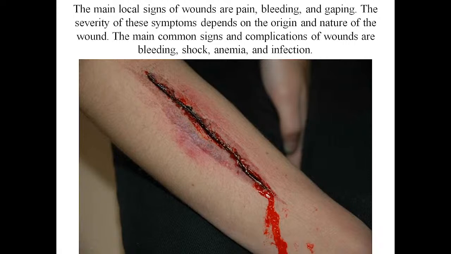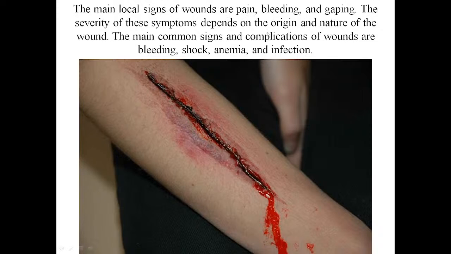The severity of these symptoms depends on the origin and nature of the wounds. The main common signs and complications of wounds are bleeding, shock, anemia, and infection. But at first, the patient has three clinical symptoms: pain, bleeding, and gaping of the wounds.